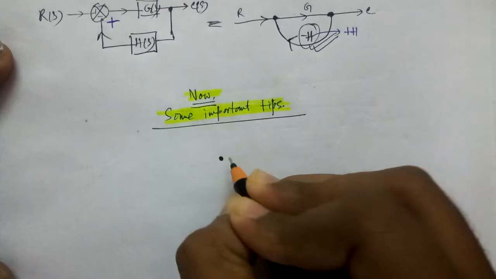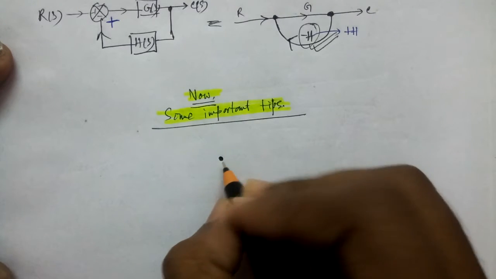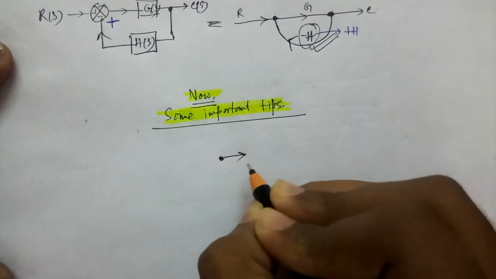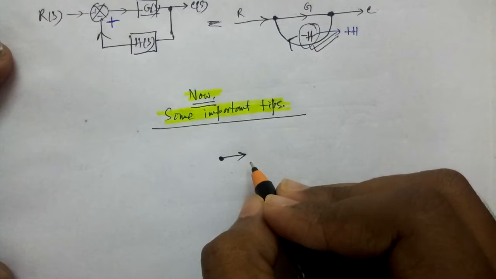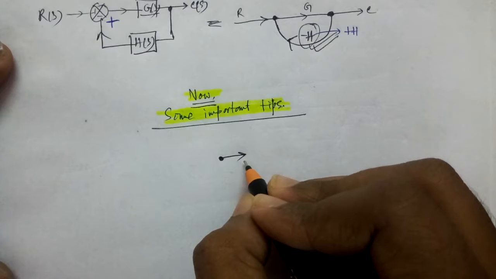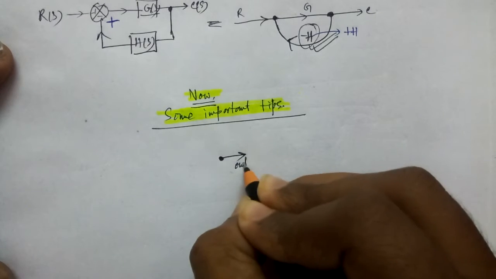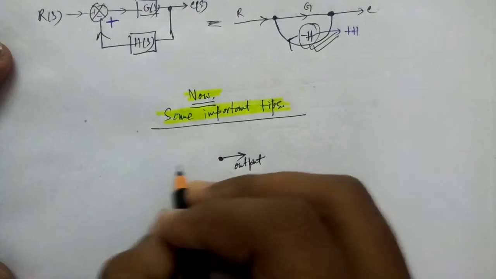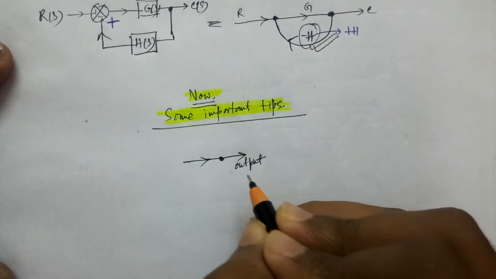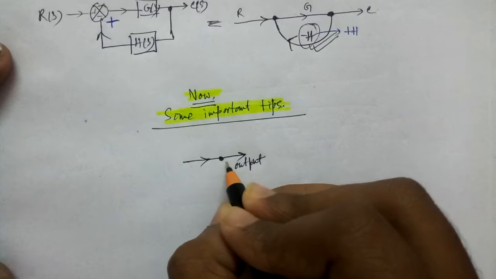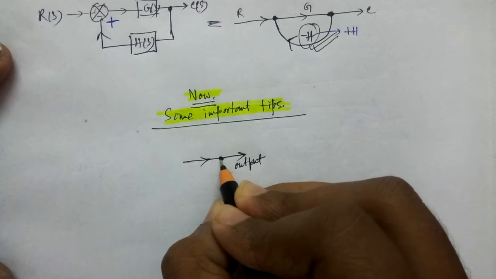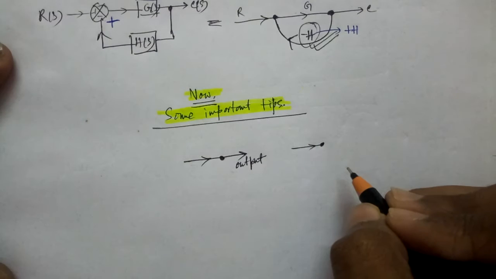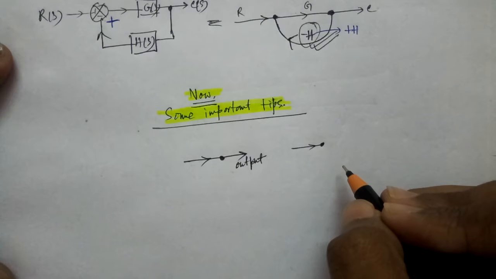If any signal is going from a node, here it is output node, and if any signal is coming to that node, it will be acting as input node, means this is actually an input node, right?